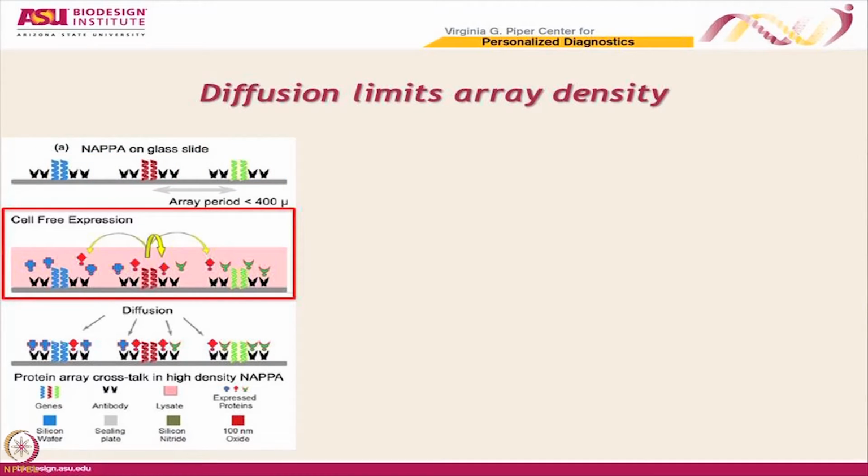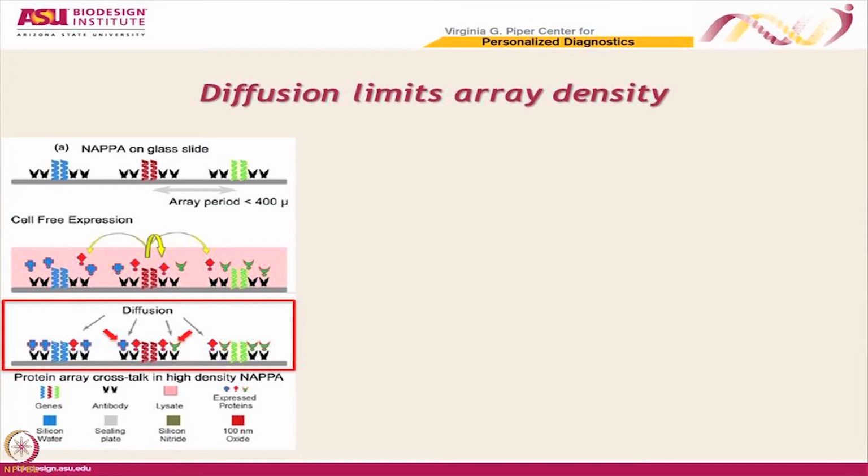One of the concerns would be that if you produce the red protein, the red protein could float over and bind in the spot where the blue protein is supposed to be. Same could be true over here on the green side. So you get mostly red bind to red, but maybe red binds here, maybe blue binds over here. And so you end up with a circumstance where you have a little bit of mixture at each of these spots. That's the concern that a lot of people have.